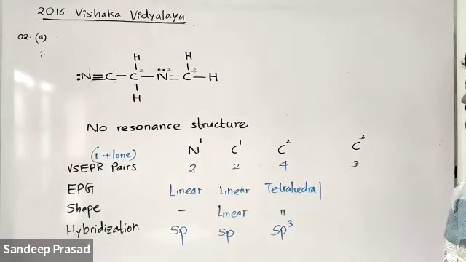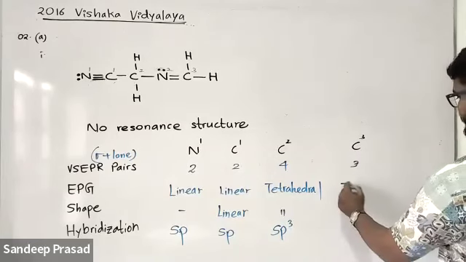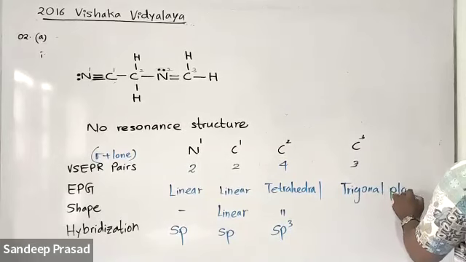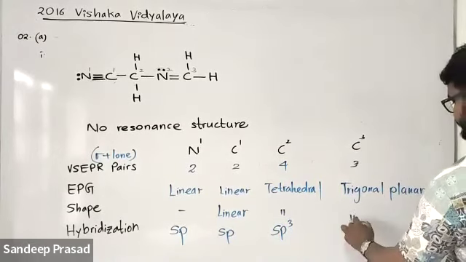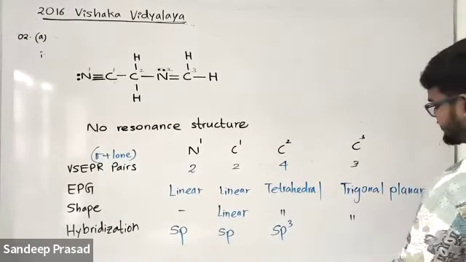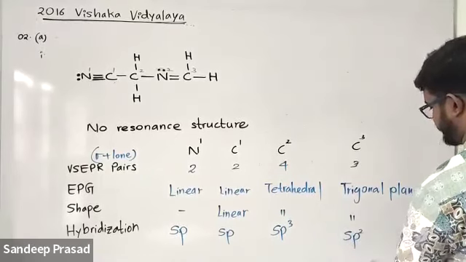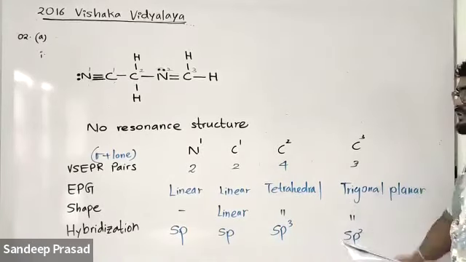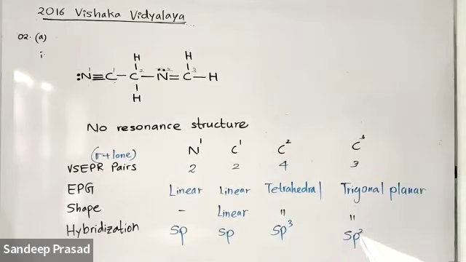Electron pair geometry is trigonal planar. Shape also trigonal planar, and the hybridization is sp2. In this way, this is the table that we have to fill.